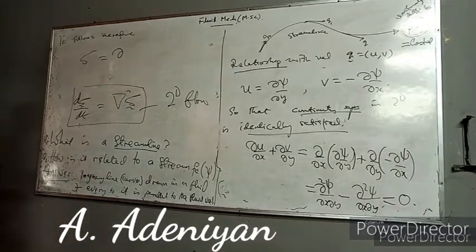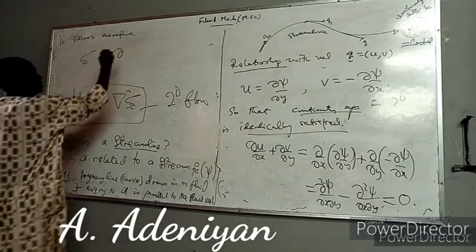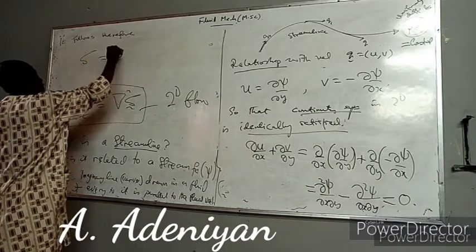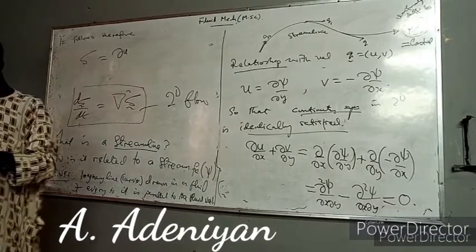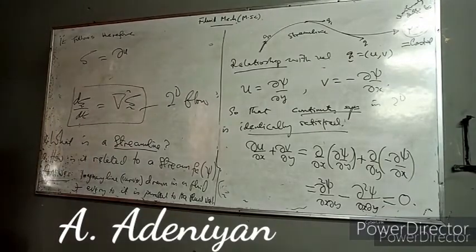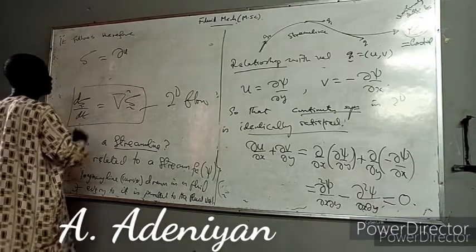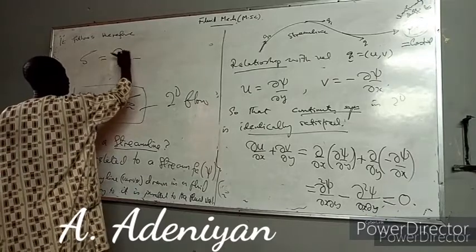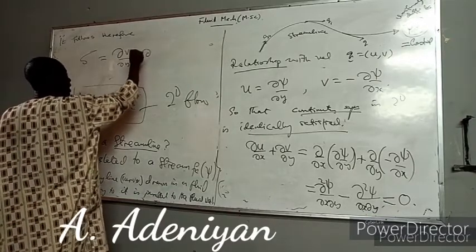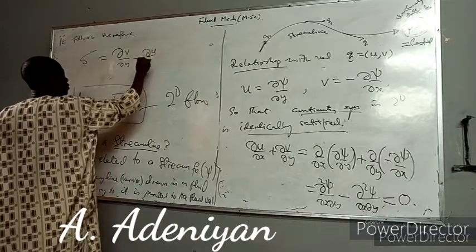Our zeta, which is ∂u/∂y, we just drawn it, minus what? I just develop it now. Okay. ∂v/∂x minus ∂u/∂y. ∂v/∂x minus ∂u/∂y.